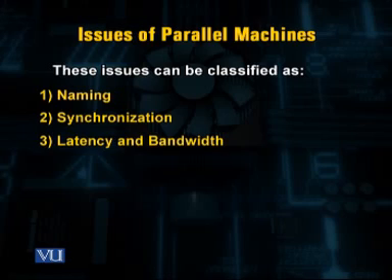First of all, let us talk about naming. Naming deals with how to solve large problems fast, how the data is to be named, which data is to be shared and how it is to be addressed, what operations can access the data, and how processors refer to each other.